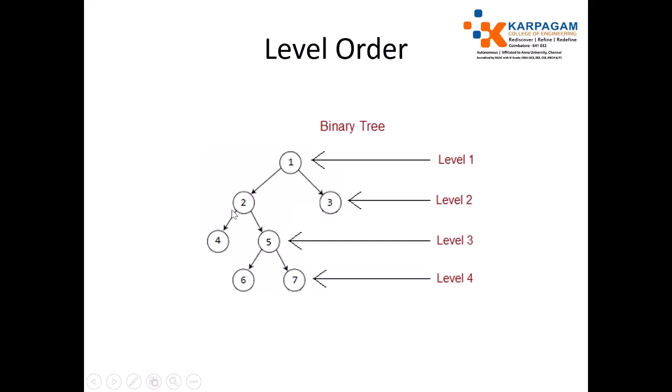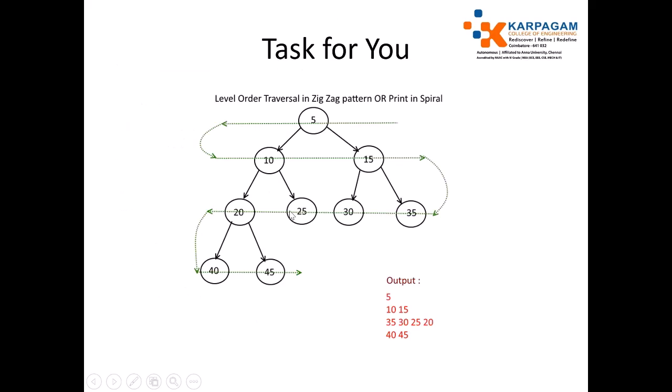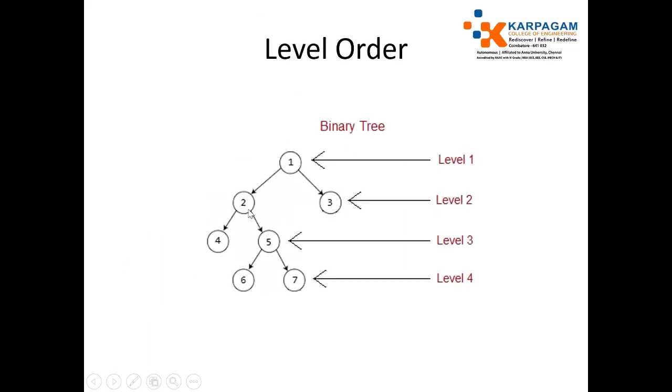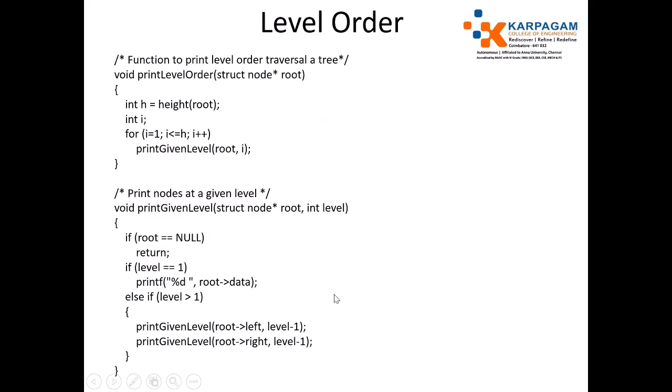Okay, it recursively calls, no. After calling recursively, again it comes for root of left, the address of this node is printed, and the address of this node is printed. Again this node, again traverse. Okay, it takes the next level, prints 4, 5, then takes the next level, prints 6 and 7. This way we can recursively call the print given level function to display the data at each level.